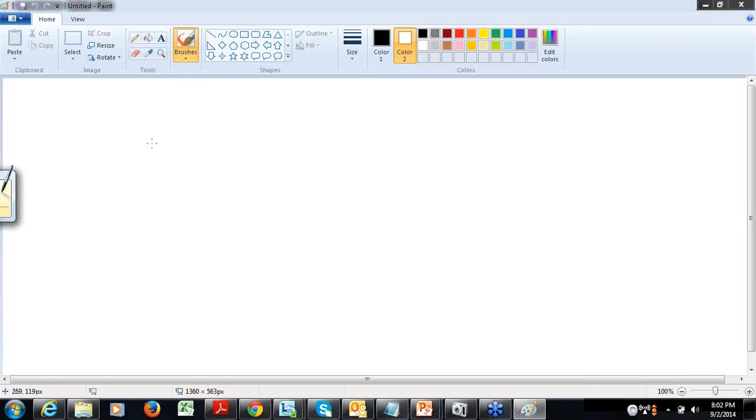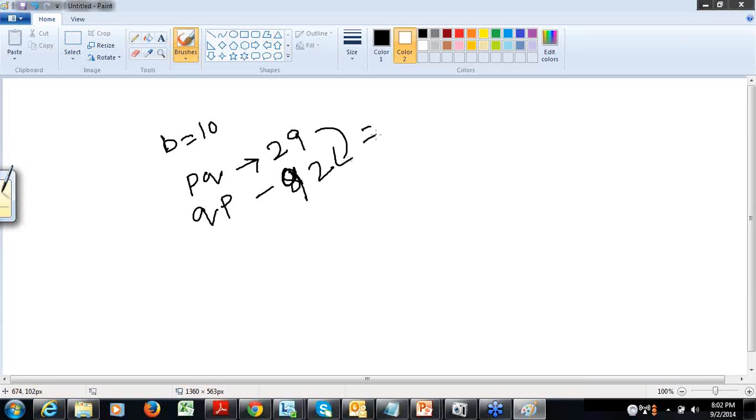Suppose the base is 10. The number is of the form PQ and the reverse is QP. Suppose PQ is 29 and he did 92. So the difference of 92 and 29 will be 63.